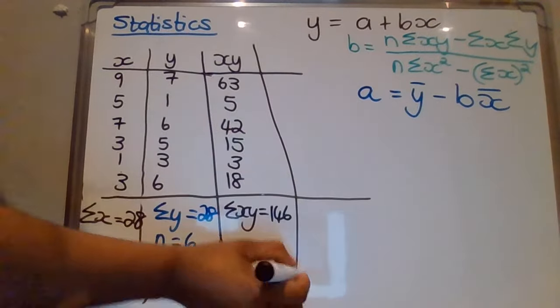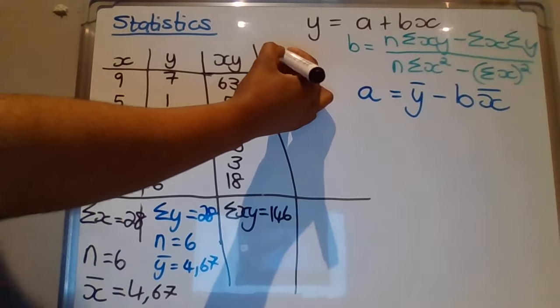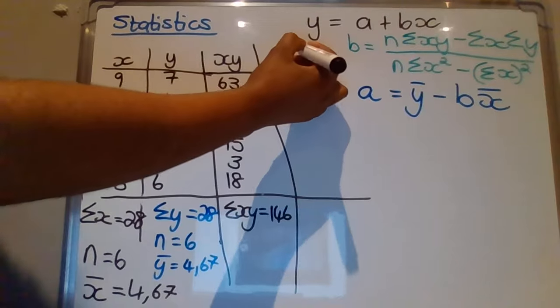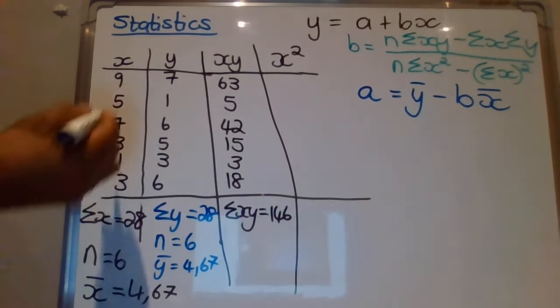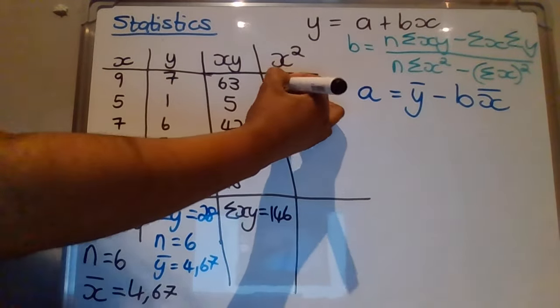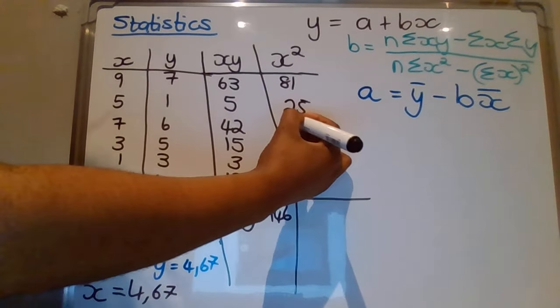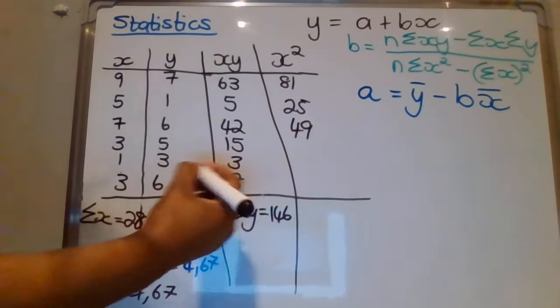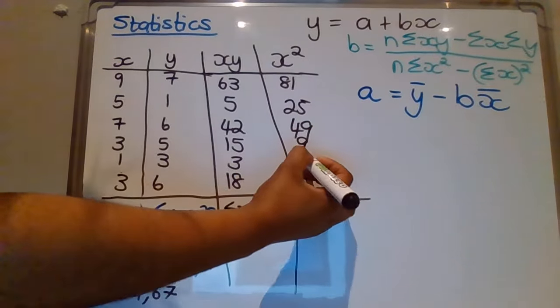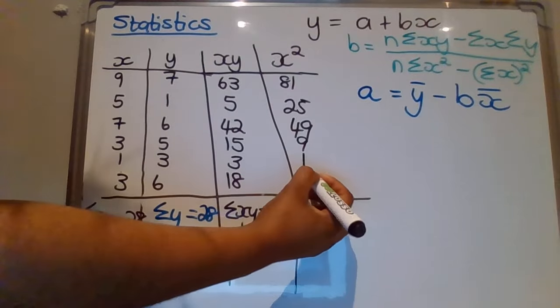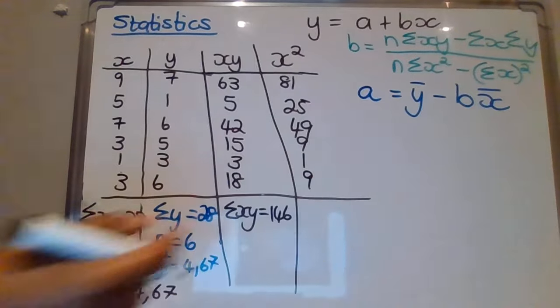Then we need to find which one now? We need to find x squared. So x squared, 9 squared is 81. 5 squared is 25. 7 squared is 49. 3 squared is 9. 1 squared is 1. 3 squared is also 9.